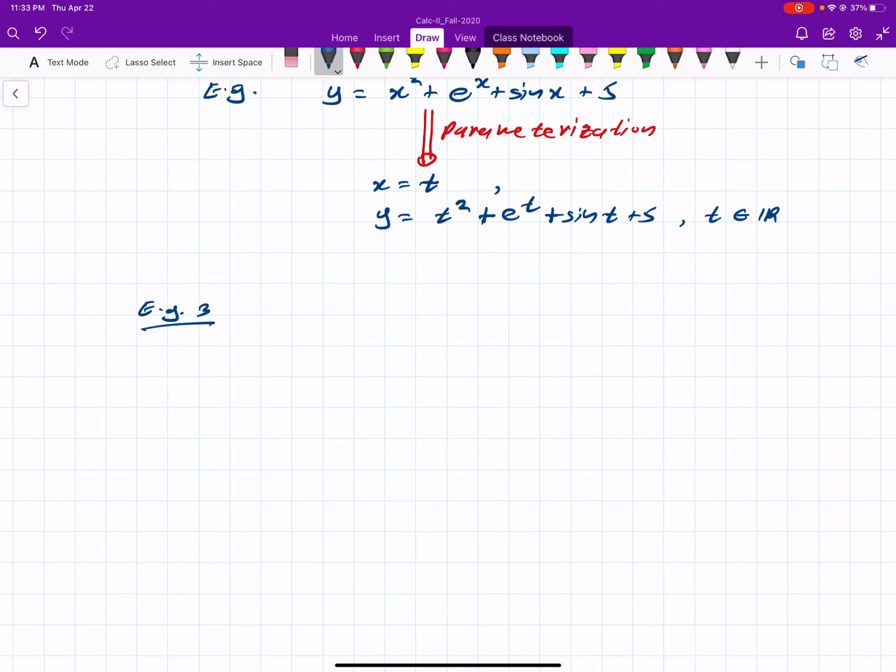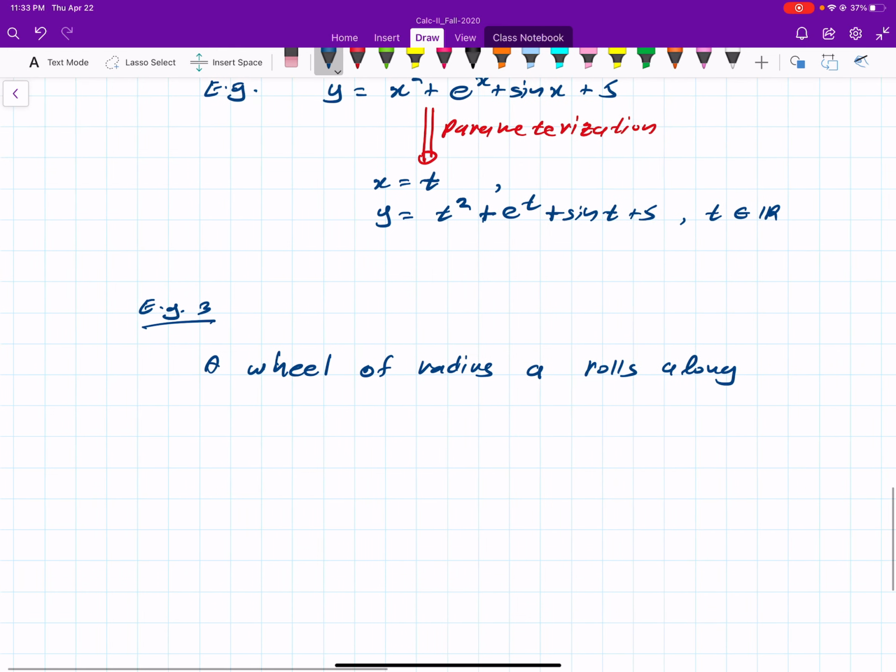A wheel of radius A rolls along a horizontal straight line.